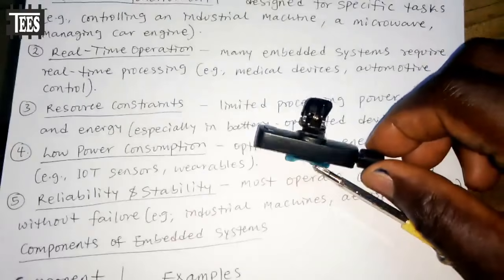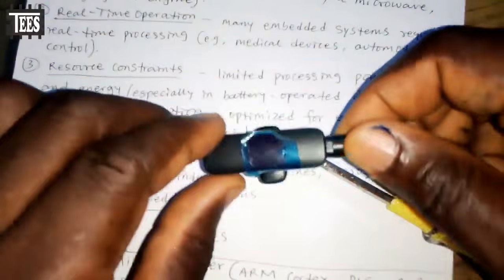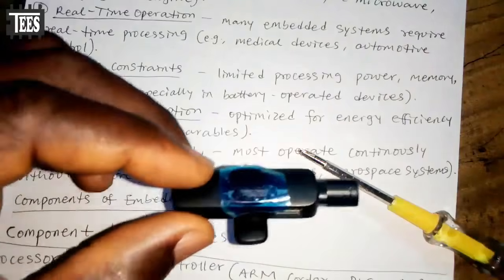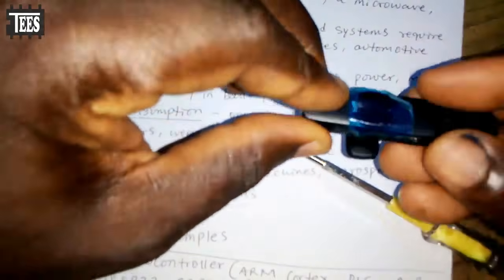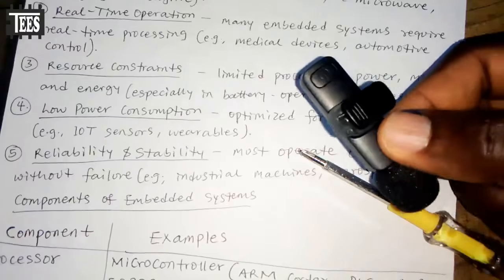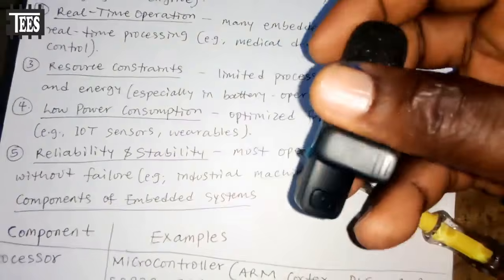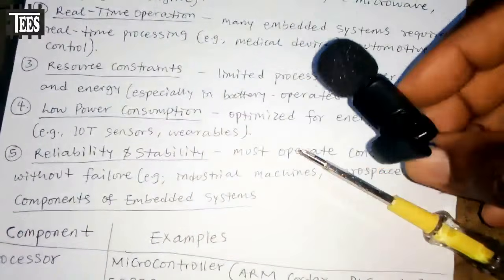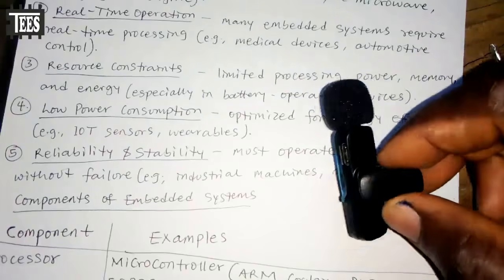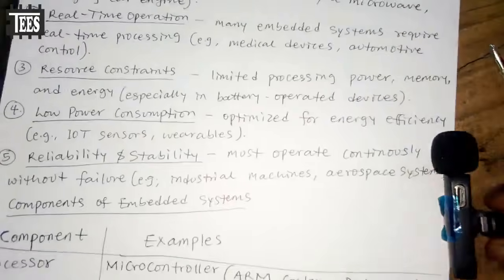There is a small computer system in here that has a very small memory. You understand? The memory is very small compared to our general purpose computer, because this is battery operated. So it has some limited storage. So you see that was made by our resource constraints.